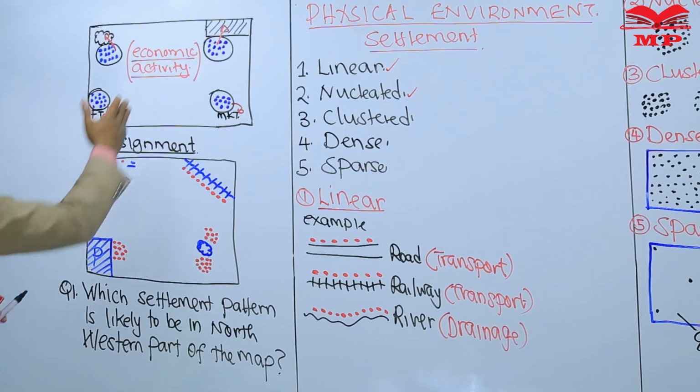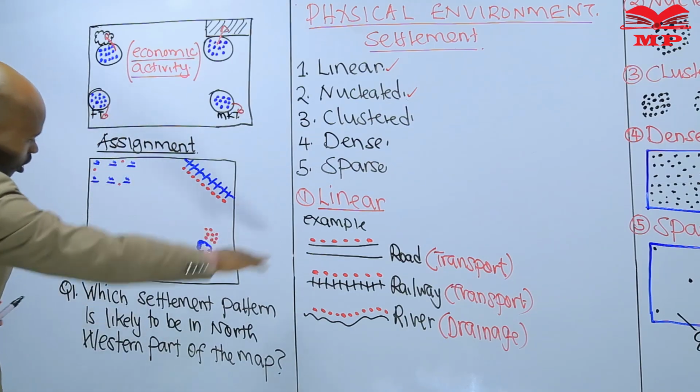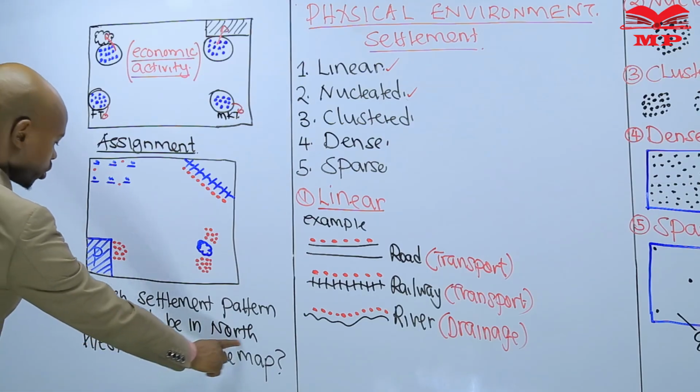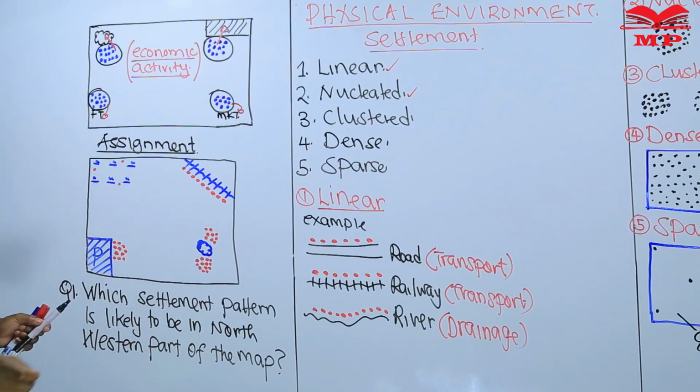Yours is to go to the north, to draw a compass, and go to where you are being asked, that is northwestern. Identify which type of settlement they are assuming.